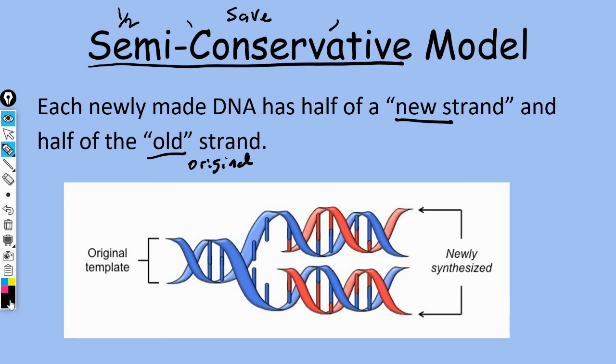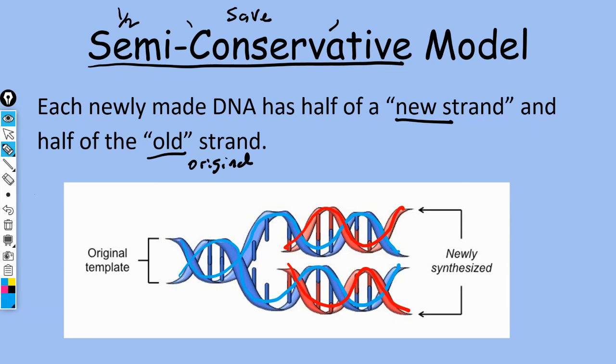If you look at the diagram down here at the bottom, our original or old strands are represented in one color, and then the red is representing the new strands. And so each newly synthesized chromosome will have one of the original strands and one of the new strands.